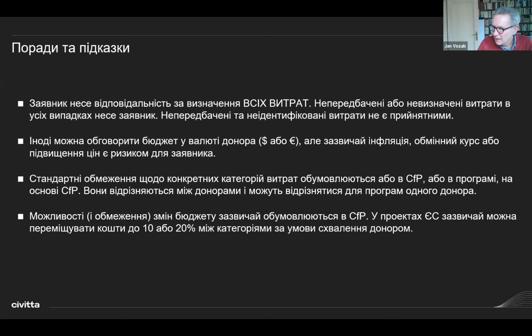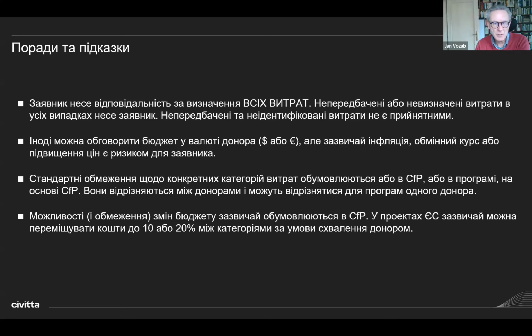Unforeseen or unidentified expenses will be borne by the applicant in all cases, meaning that if you, during project implementation, find that you have forgotten something, or should any unexpected expenses arise, which you couldn't plan for, you still are obliged to pay for them, because you are obliged to deliver the outputs to the donor and to do what you promised to the donor for the money the donor gives you.